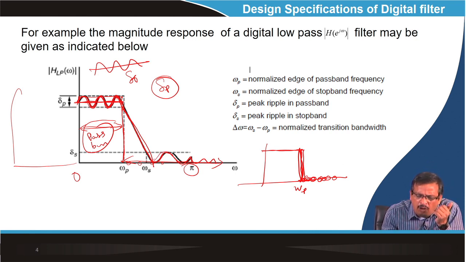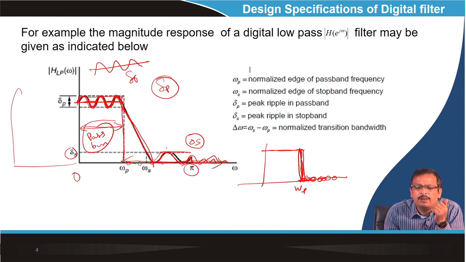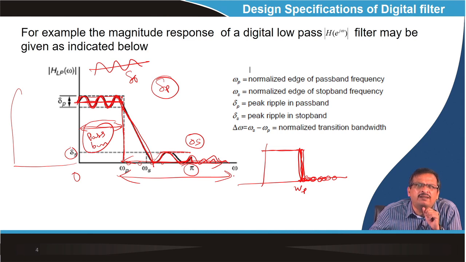Similarly, in the stop band there will also be a variation. Instead of 0, there will be some value, which is del s. This del s is called the peak stop band ripple. So del p is the peak pass band ripple, and del s is the peak stop band ripple, because after omega p we call it the stop band.